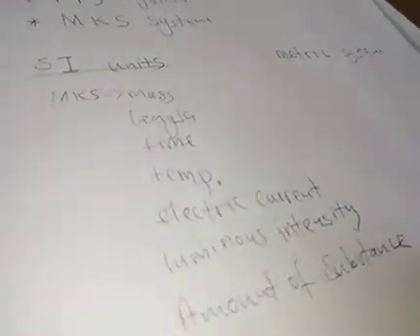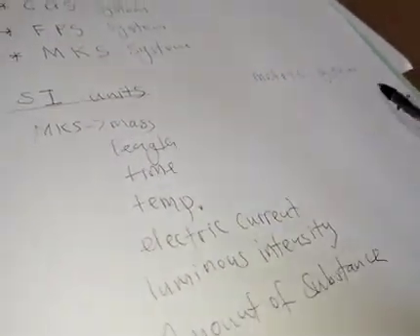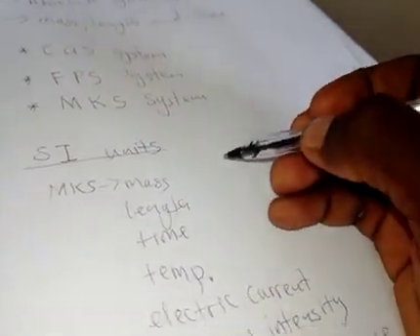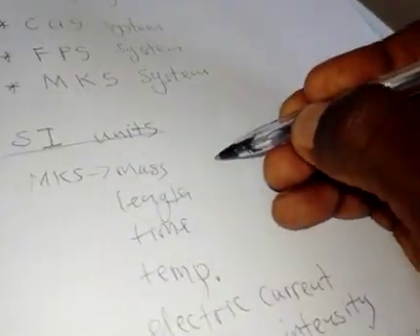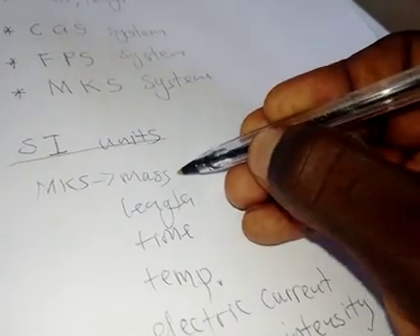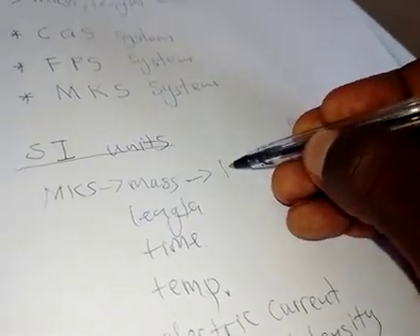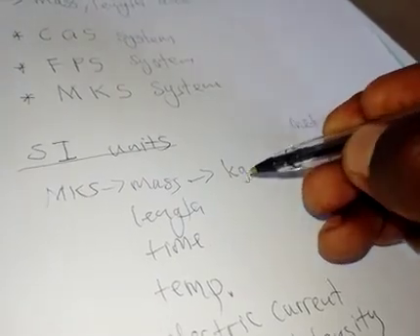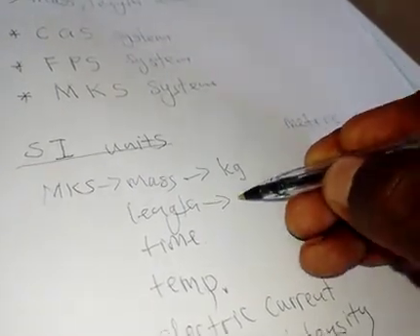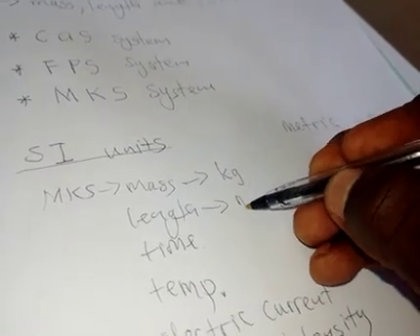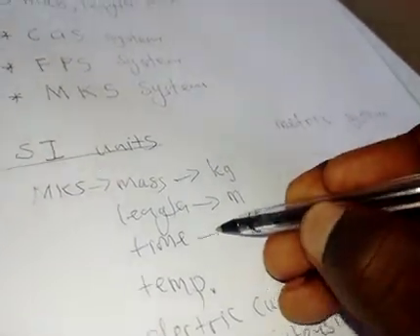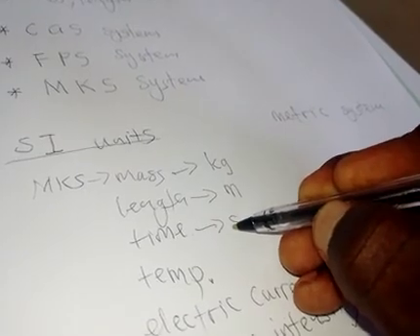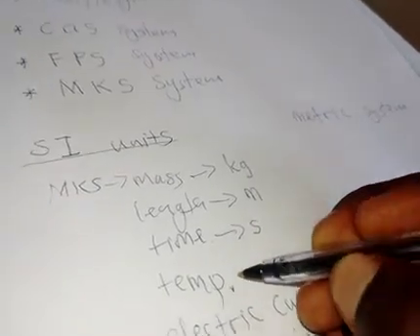Then we should know the units. Mass, it's kilogram, symbol that's simply kg, small letter k, and g. Then length, it is meters, symbol m. Then time, it's second, small letter s. Don't use a capital letter.